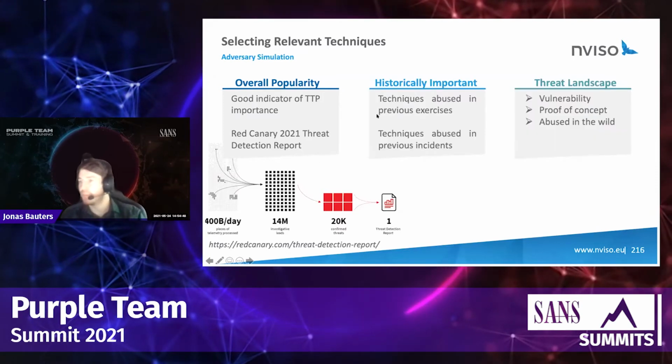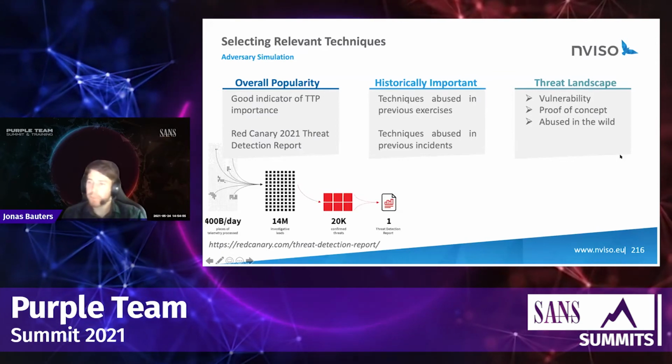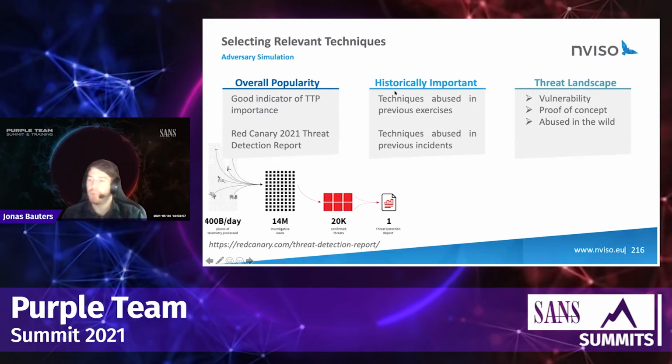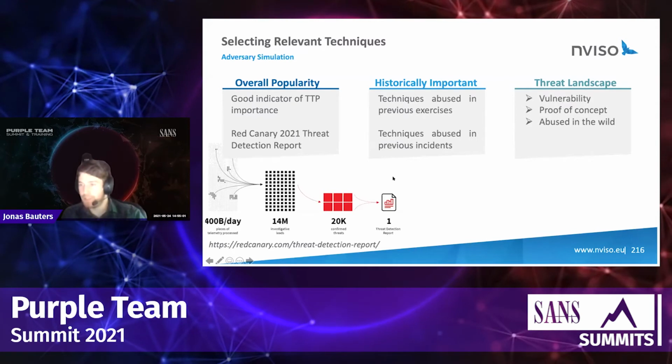And then next to overall popularity, there is the historically important techniques and the threat landscape as well. Historically important, those are techniques that could have been abused in previous exercises.